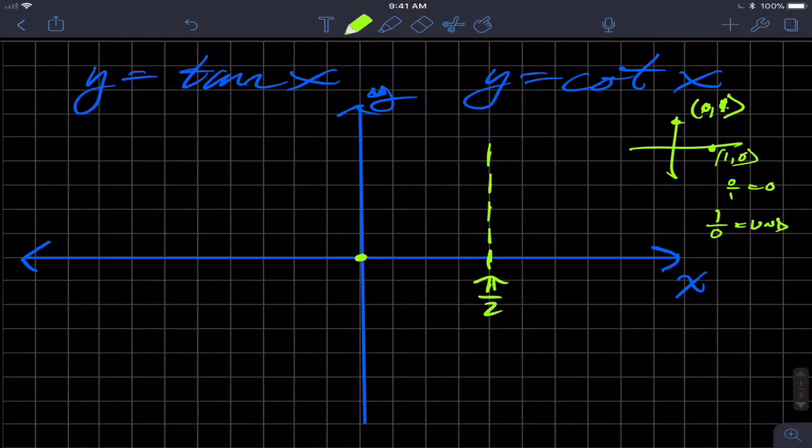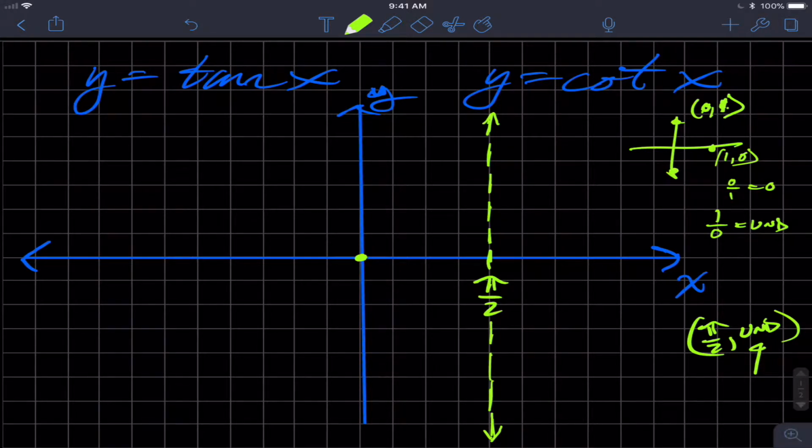What that creates is this asymptote, like we had when we were doing rational functions. Because my point, pi over 2, comma, undefined, can't be plotted. There is no y value. So there are no points at pi over 2.